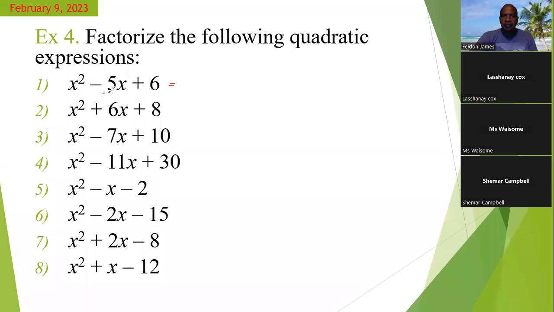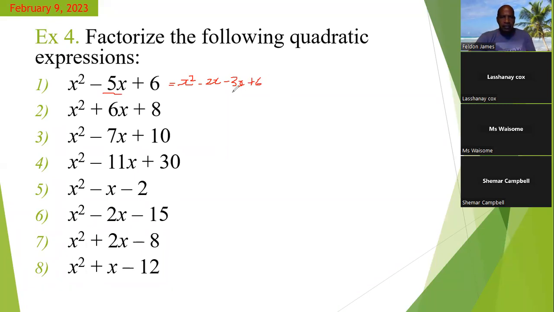All right, so we're going to replace the middle term. We're going to replace the -5 with -3 and -2. So I'm going to write x squared, and we're going to replace this with -2x, and then we have -3x, then we have +6.